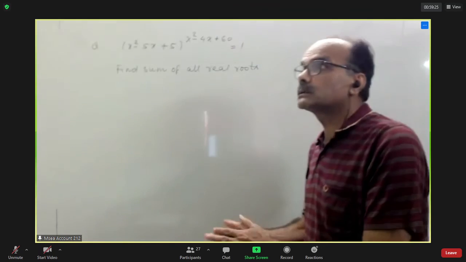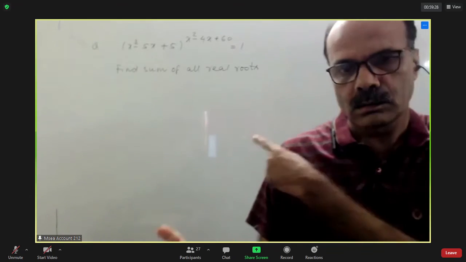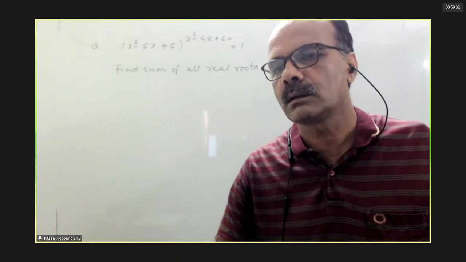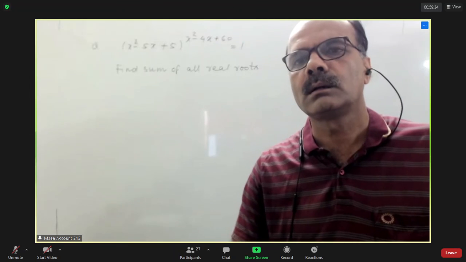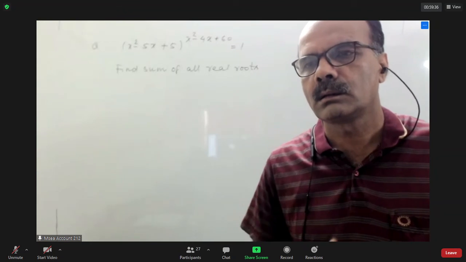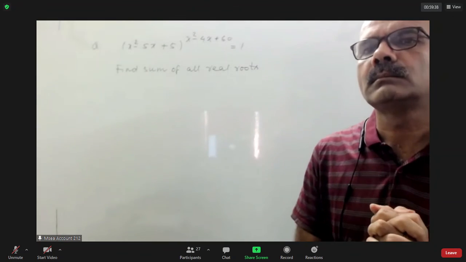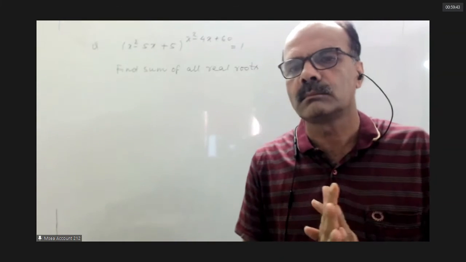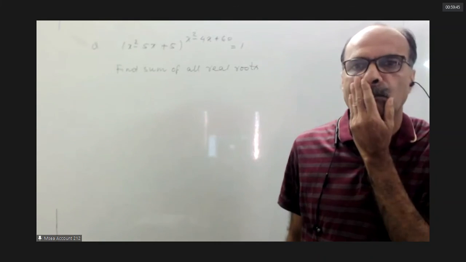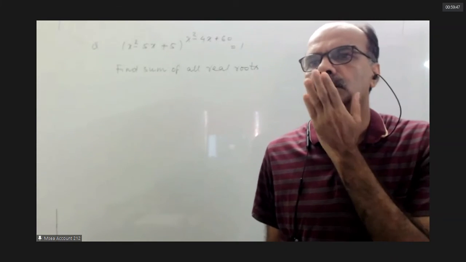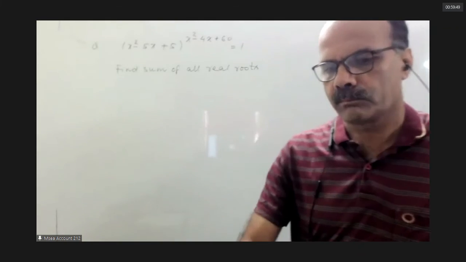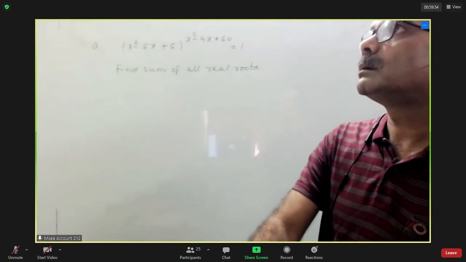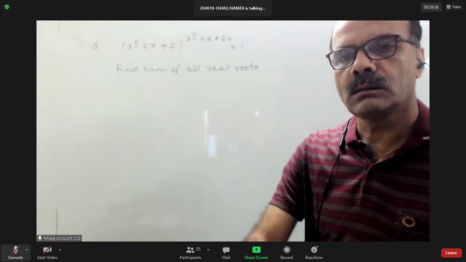So in the next class, we'll start binomial. You do it, complete it. So I'm disconnecting. Shall I disconnect? One minute, sir. Sir, is the answer 3 to this question?